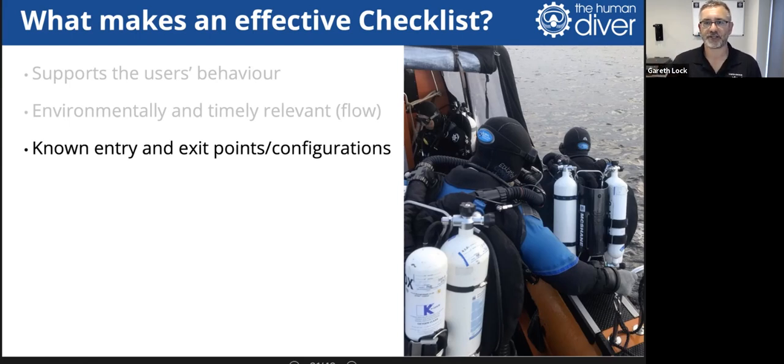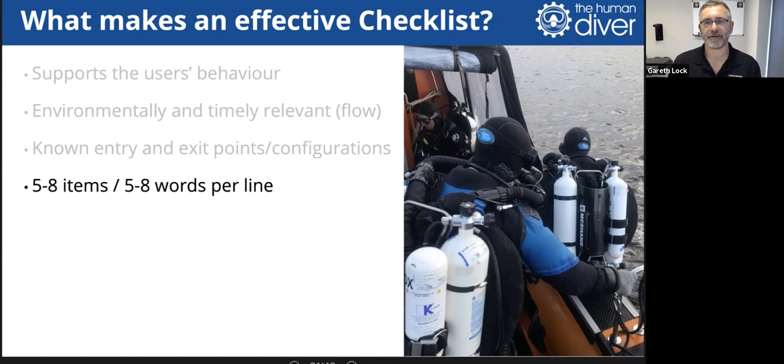And this is one of the problems I see with rebreather checklists, or they're not checklists, they're aide-mémoires. It's making an assumption that you start with a box of bits as opposed to a half-assembled unit, and then you're moving on. And it might be that you change things. So your checklist needs to take into account the configuration you're going to use it in.